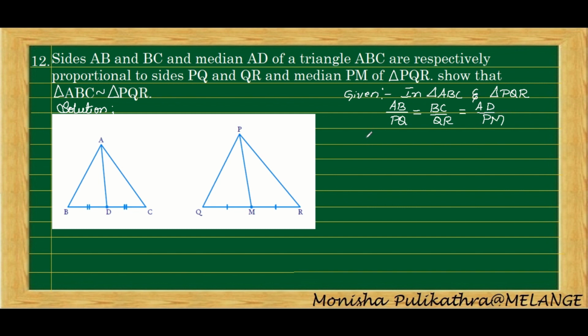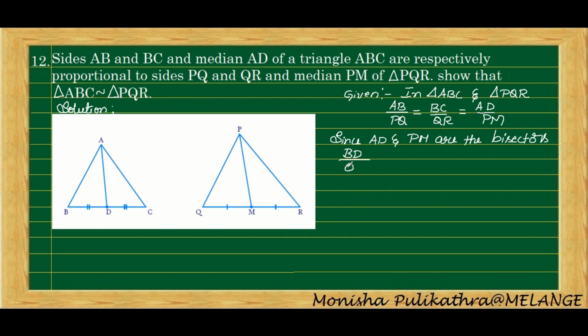Okay, next BD by QM, since they have given AD and PM are the bisectors. Okay, these two are the bisectors of triangle ABC and triangle PQR. Since these two are bisectors, they divide the triangle into equal halves.